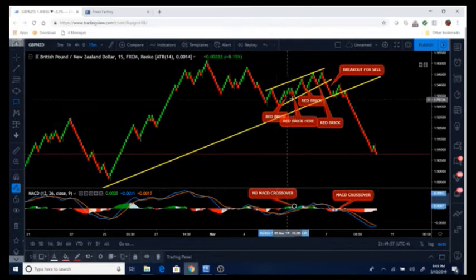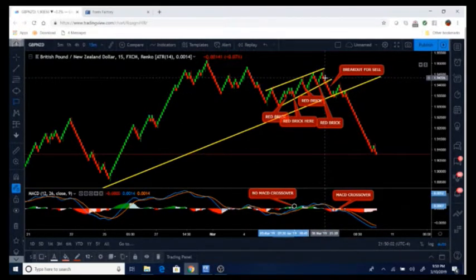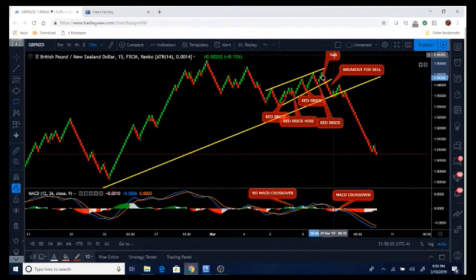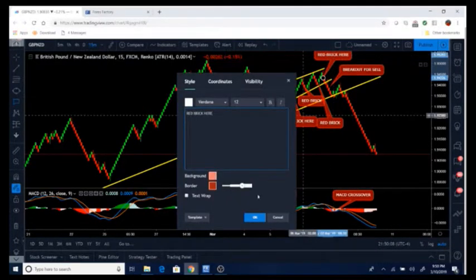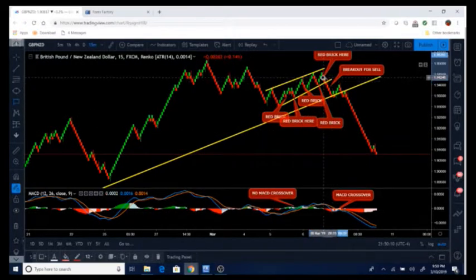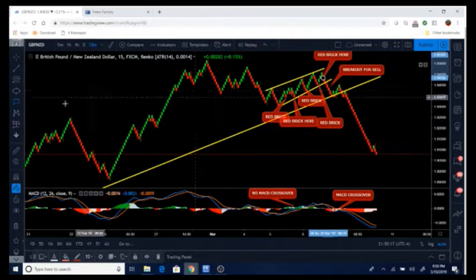See how you put everything together? Even this red brick right here. Red brick here. No MACD crossover. You didn't get the MACD crossover until right here. So that's your entry.